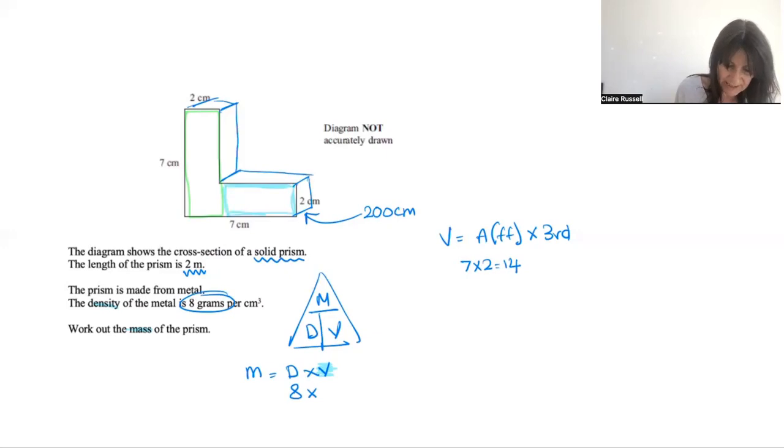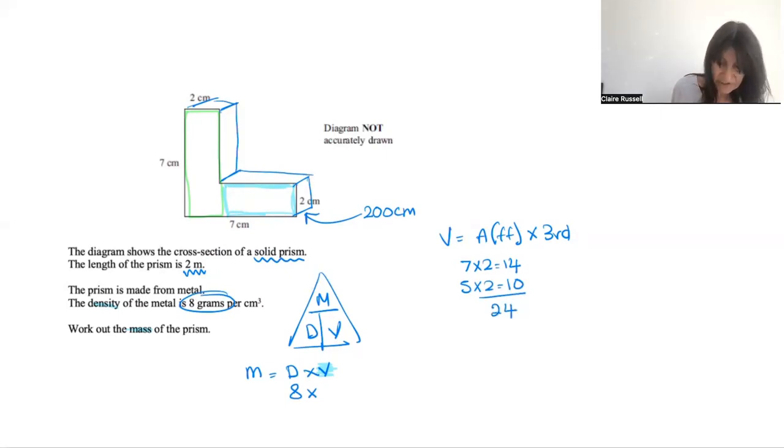Okay, so I've got to be paying attention. The full 7 stretches along. I only want that bit, which means taking 2 off of here. That'll give me 5. So I'm going to be doing 5 times 2, which is 10. Add that together, and the area of my front face is 24.